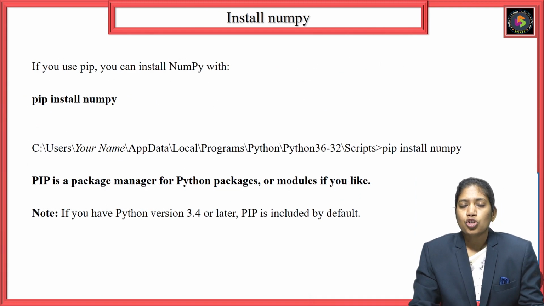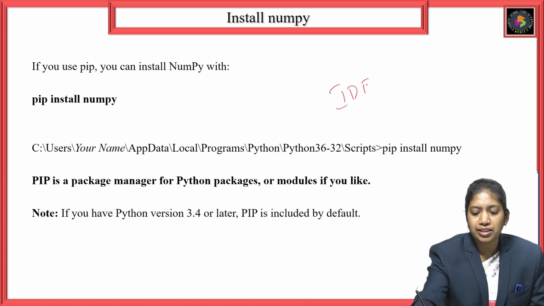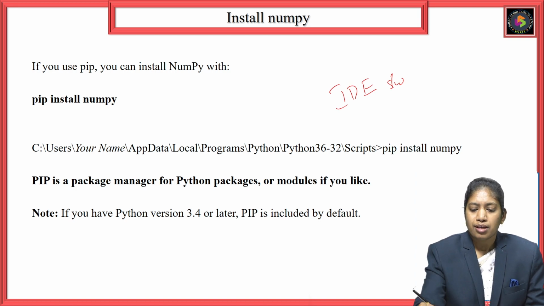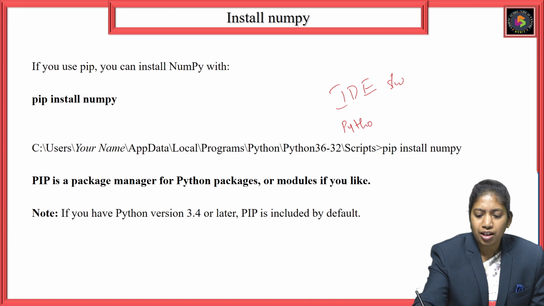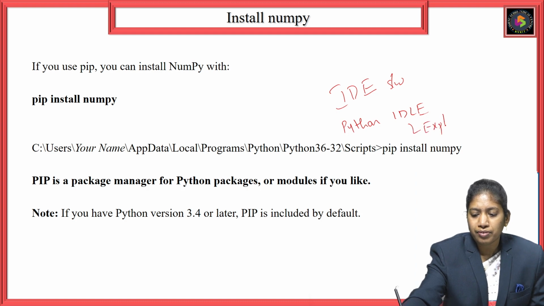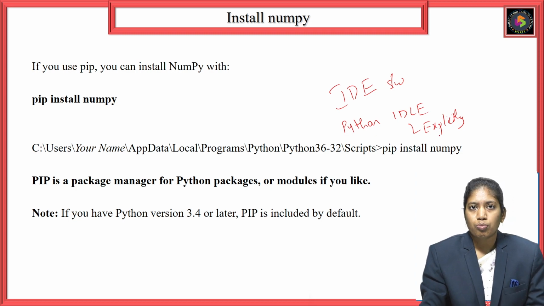So how do we install NumPy? Generally we have integrated development environment software like Jupyter, Anaconda, PyCharm, where some packages and libraries are available by default. But if we are using a Python IDLE, we need to explicitly install the corresponding packages.